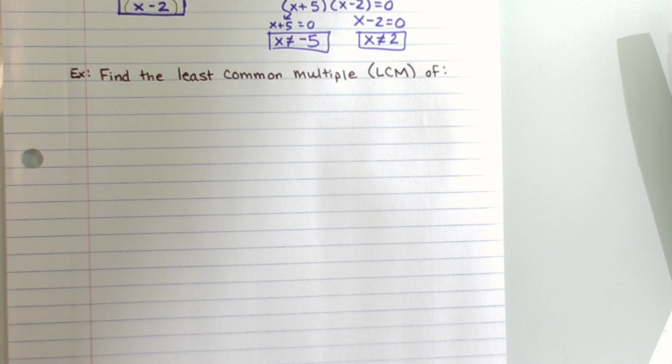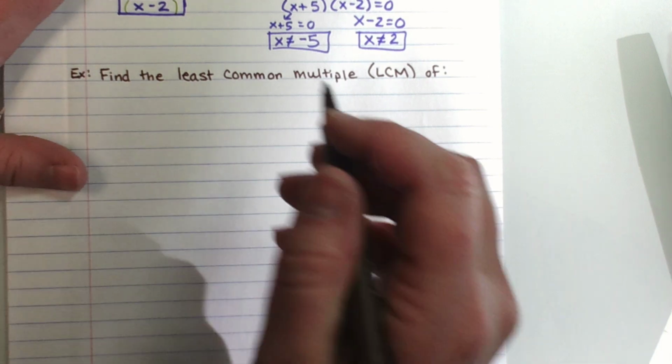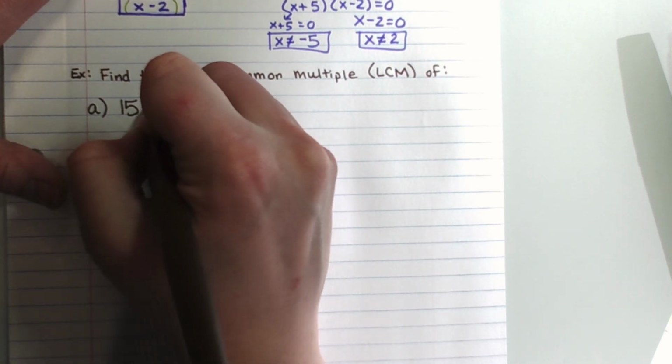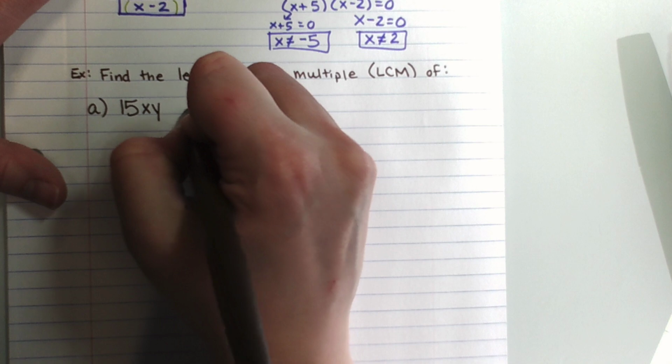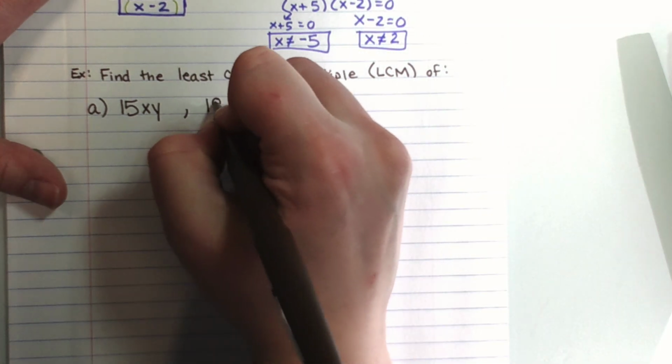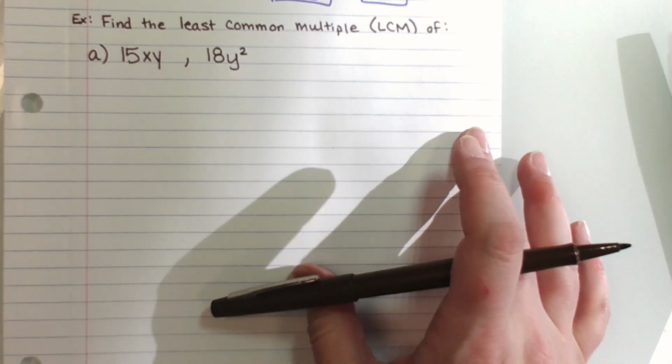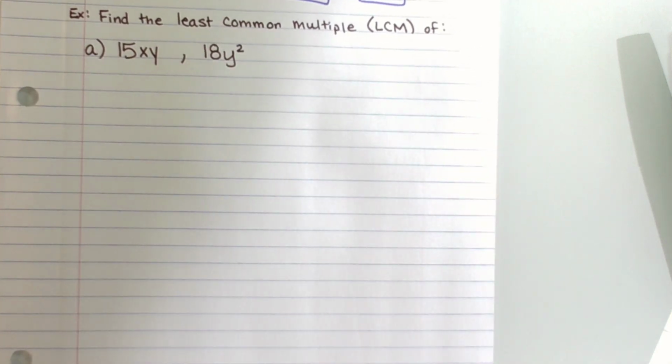The least common multiple of some expressions is essentially what we're doing when we're finding the least common denominator. We're finding the LCM of the denominators. But I'm not putting them in denominators when I ask for the least common multiple. I'm just giving you two polynomials. In this case, monomials.